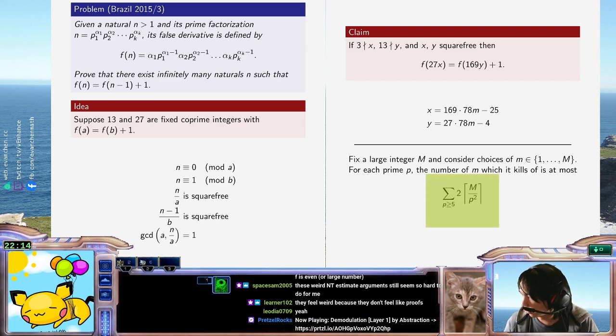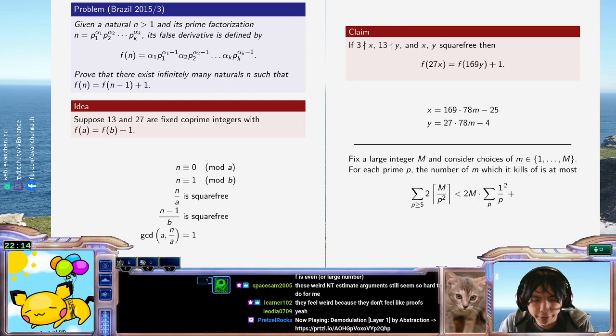And formally, the expression is this. And this is less than, we'll bound it above in the following way. It's at most the sum, across all primes p, of m times 1 over p squared, well, sorry, 2m, plus an error term, which is the number of primes less than capital M. And let's say this sum is over p at least 5.